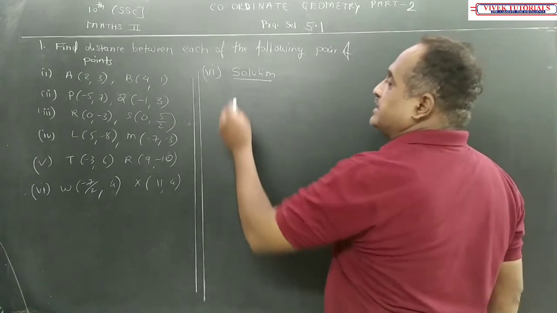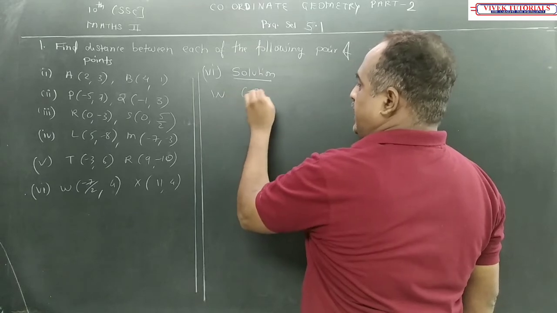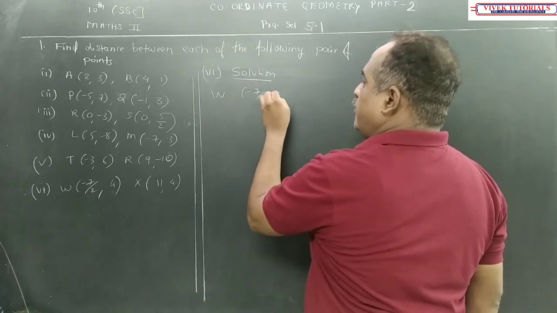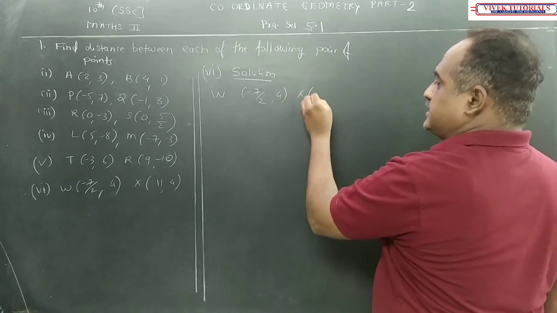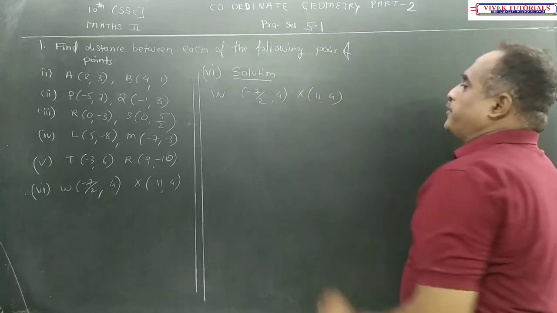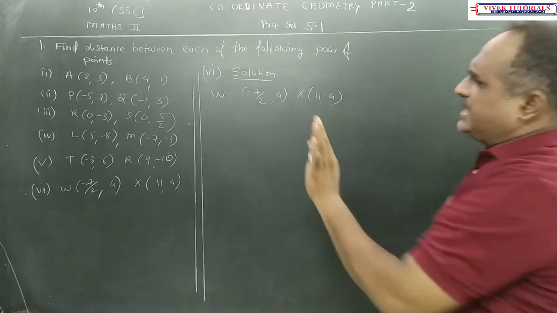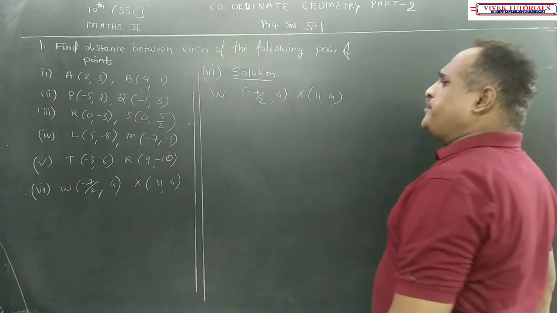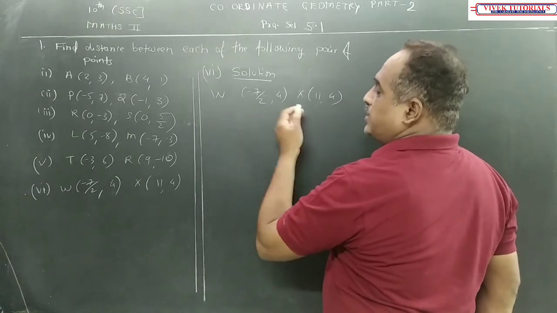First question, sixth one. W is minus 7 comma 2, 4 and X is 11 comma 4. Don't worry if it is a fraction. Now you can do your own. You can start on your own, find the answer and compare it with my answer.